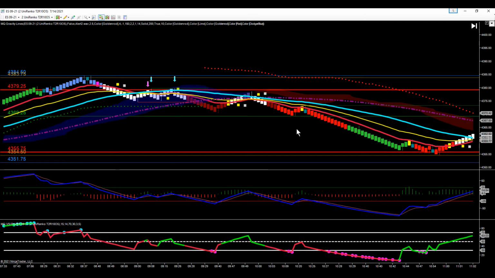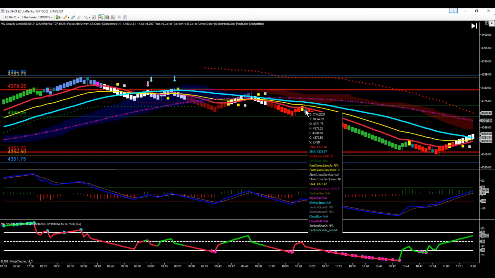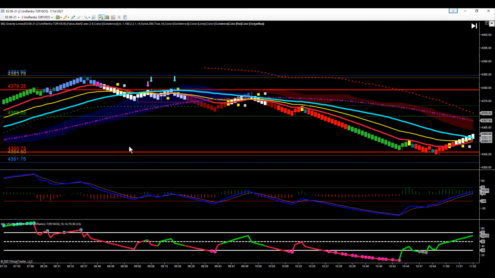Our first target was 43.5575. Made a nice push lower down into our first target. Our entry was on our wick off the 18 at 43.70, right at 43.70 and a quarter. Pushed down to 43.55.